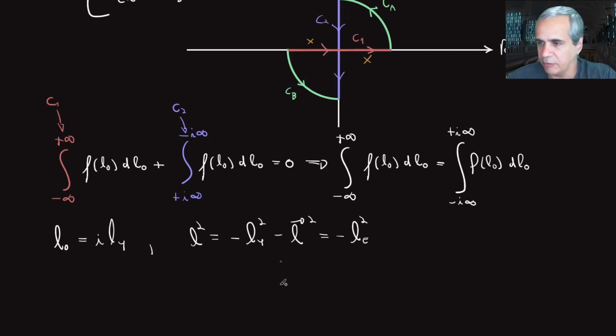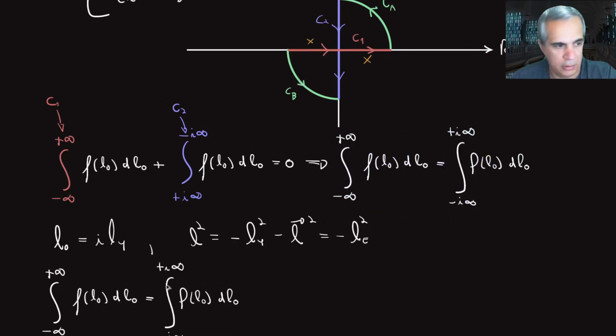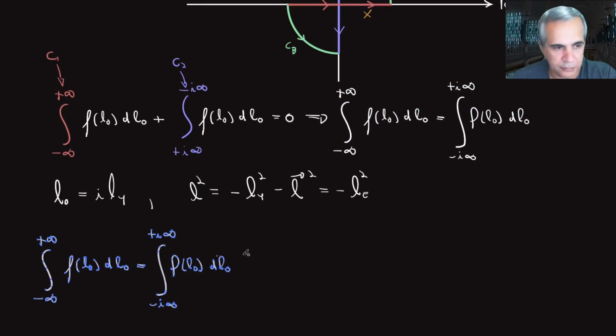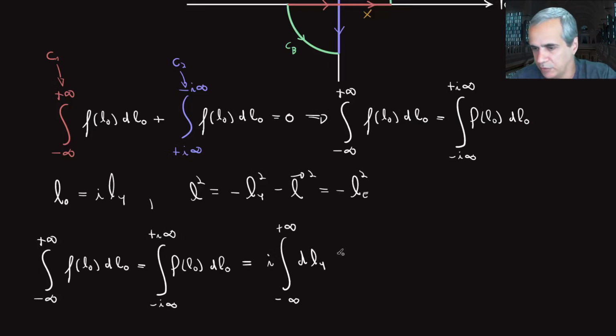And that integral can now be written as i times the integral from minus infinity to plus infinity of dL4, instead of L0, of f(i L4). So I can do this change of variables and still have the same answer.